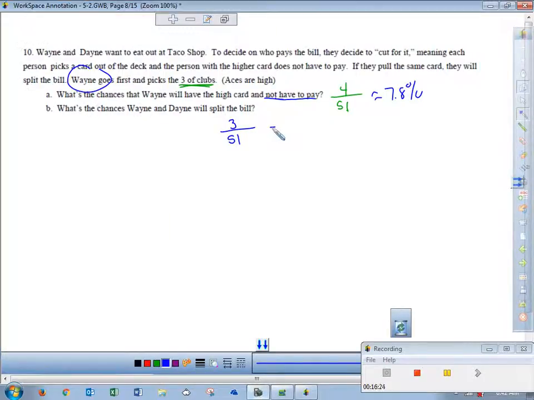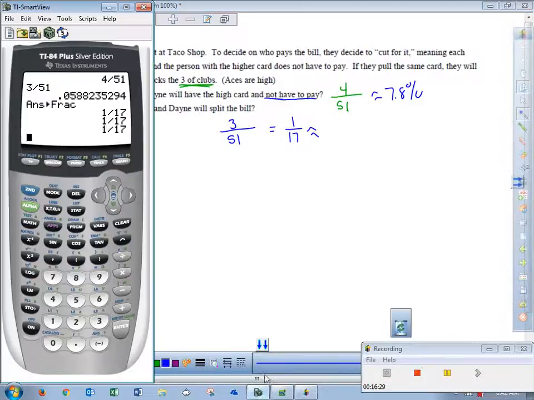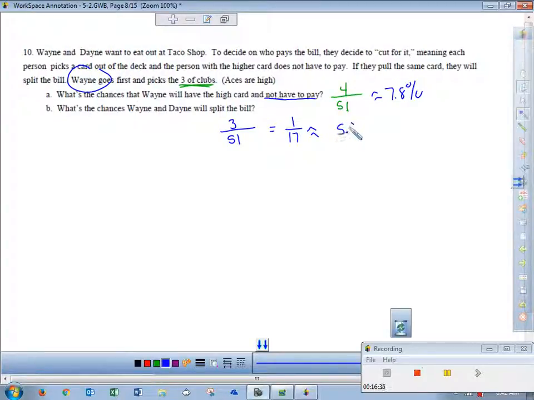So it's a 1/17 chance, which was about 0.59%. Excuse me, 5.9% chance that they actually split the bill. So it's pretty unlikely, I meant to say, that that's going to happen, but still, kind of cool.